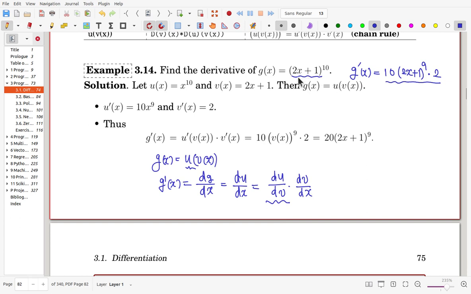That is the same as, along with this variable, we consider this one as a variable, v here, and differentiate. That portion is exactly the same as that one. Now v's derivative with respect to x is 2 over there. So the chain rule can be considered in this way, so that is quite reasonable.